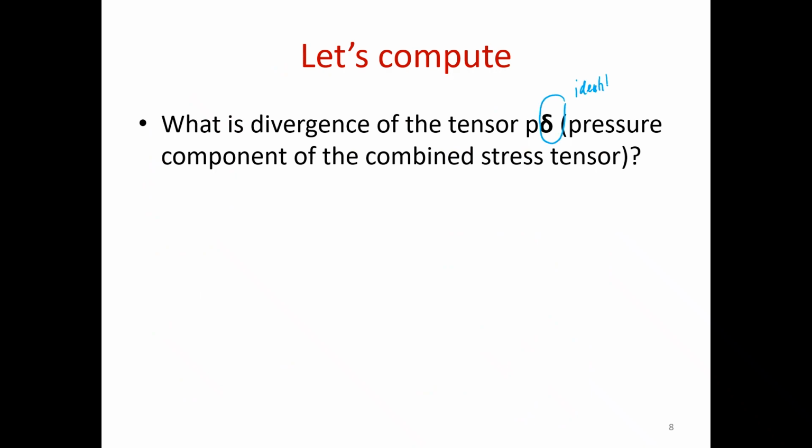So what would be divergence of delta? I have actually written this; this is a tensor. So I multiply my identity matrix with pressure, and I get this.